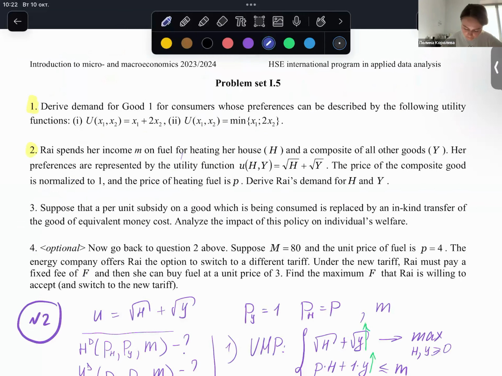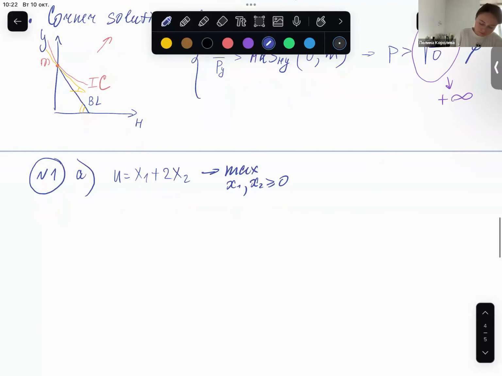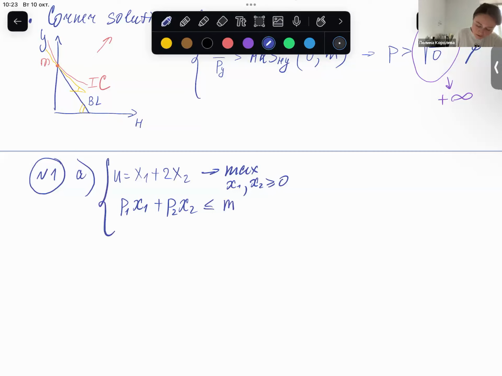Let's say that the price of good 1 is P1. These are spendings on good 1 plus the price of good 2 times x2. And this should be less than or equal to the monetary income M. So this is our utility maximization program.